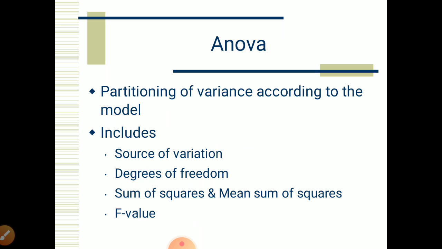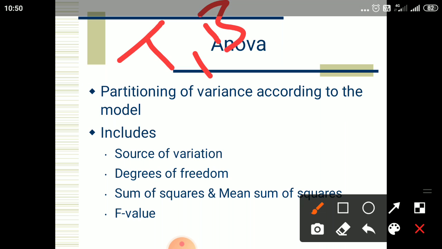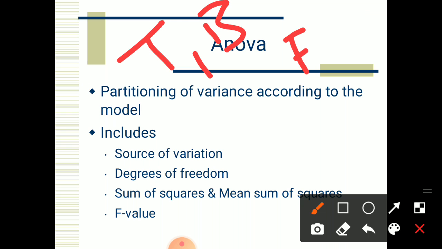According to the model, mu and error, we are not considering those two. The other factors in between, that is your treatment factors, or breed factor, or feed factor, or even, generalized, the blocks factor, will become the sources of variation.